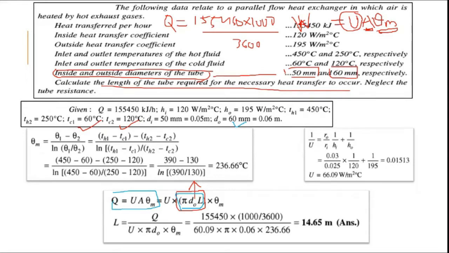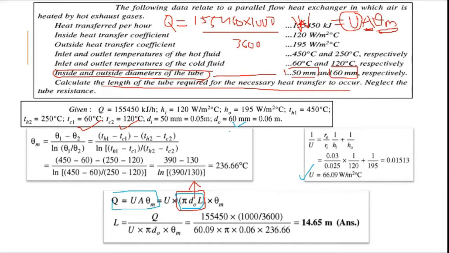It is not the inside diameter. So they are considering that heat exchange is taking place from the outside area, and using that area only they will find out the length of the heat exchanger. If you want, you can consider the inside area as well. For the inside area, this U value will be different. For the outside area, the U value will be different. Are you getting my point? Yes or no?